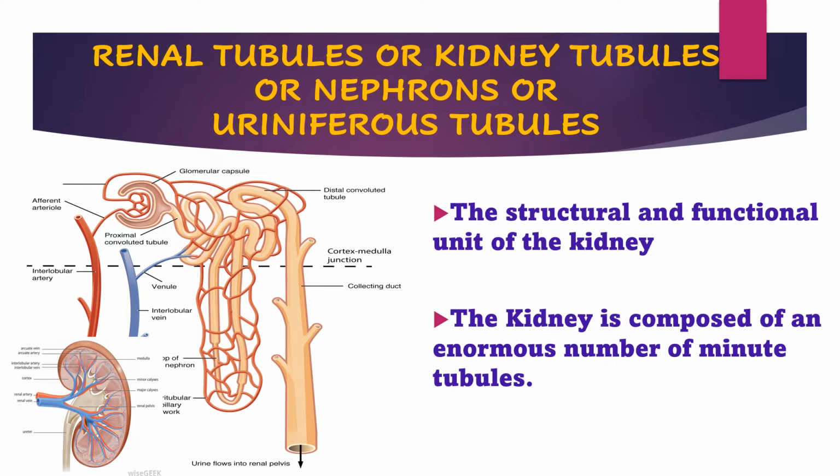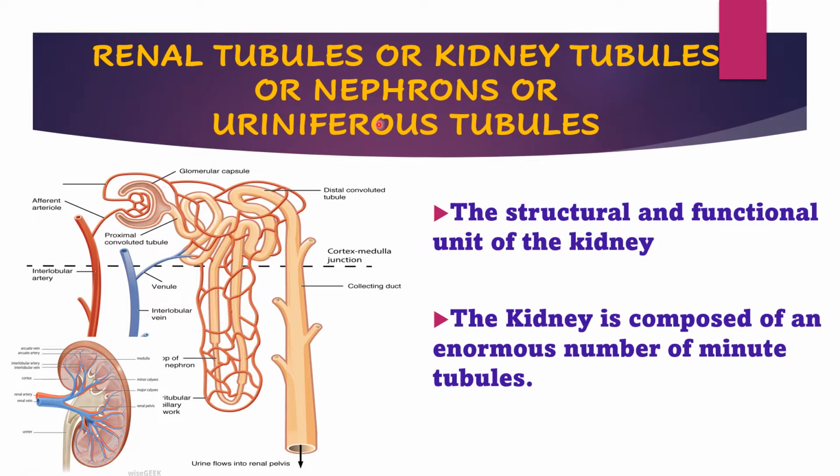Renal tubules or kidney tubules or nephrons or uriniferous tubules. So many terms, right? So many names. These are all the same. From an examination point of view, this is very important.